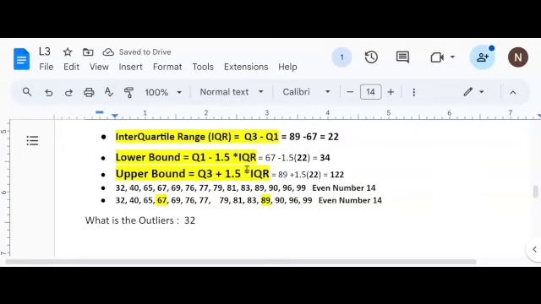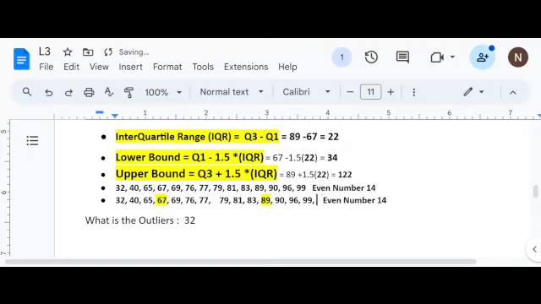When we got the 34 and we got the 122, how did we come up with the outlier? Okay, that's the upper bound. If you have a number here, 123, that's an outlier. So anything that's not between 34 and 122 is an outlier.